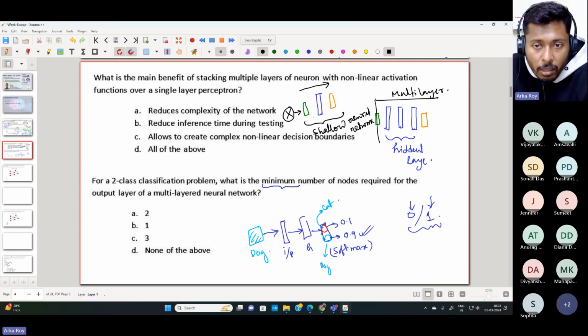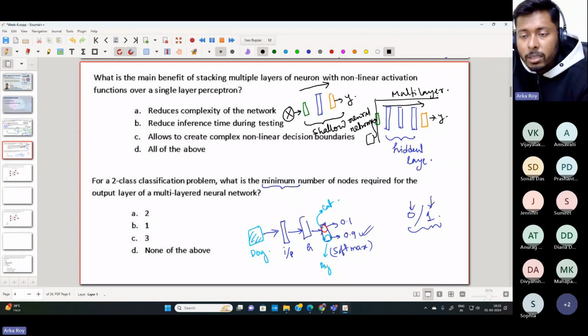For example, if the image is represented by X, to get output Y you need to pass the image in the forward direction, and if you feed an image in this other network, there also you have to pass the image in the forward direction to get the output Y.